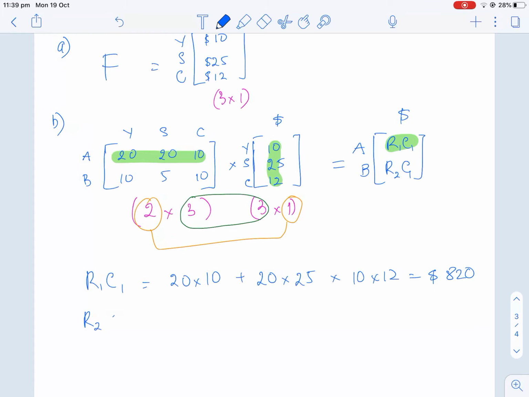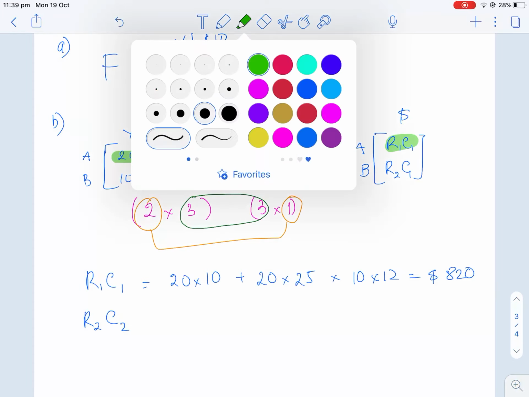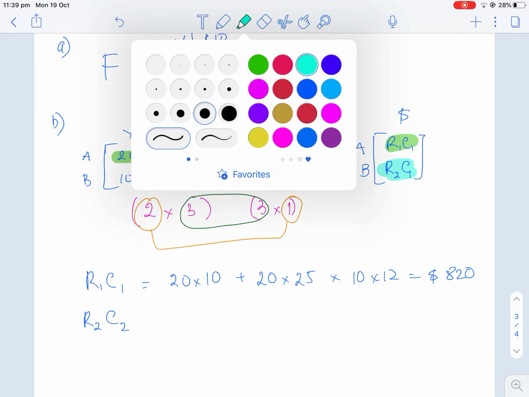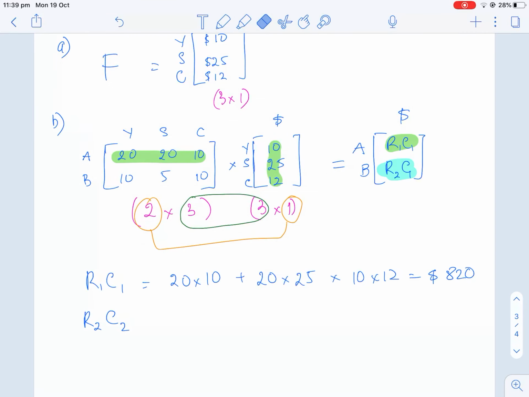And row 2, column 1. Oh no, row 2, column 1. We're wrong here. Column 1, because this one has only 1 column.